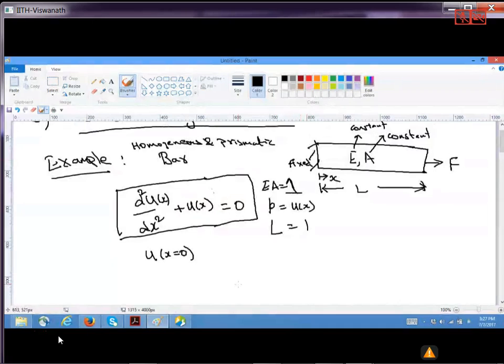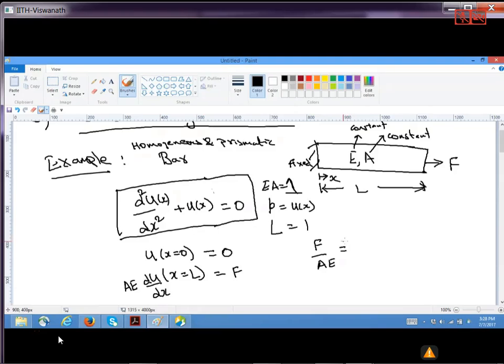That means u at x is equal to 0 is equal to 0, and at x is equal to L, A times E times du by dx is equal to F. But we know that L is equal to 1, and let me also define F by AE as a certain number.